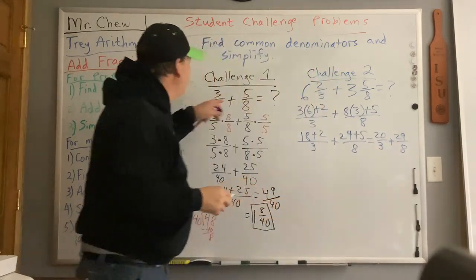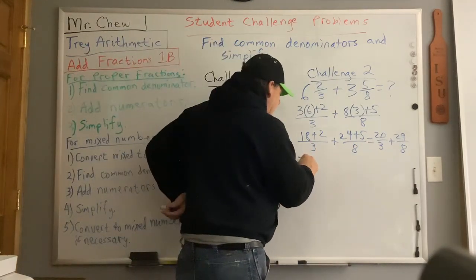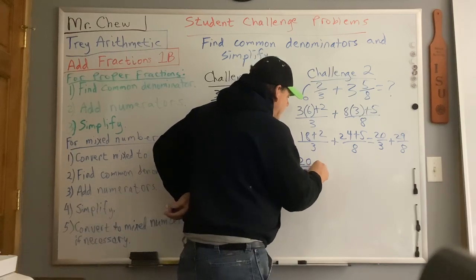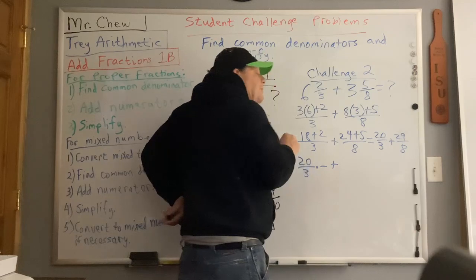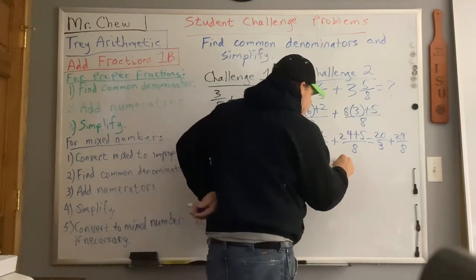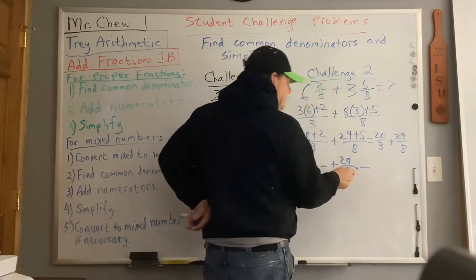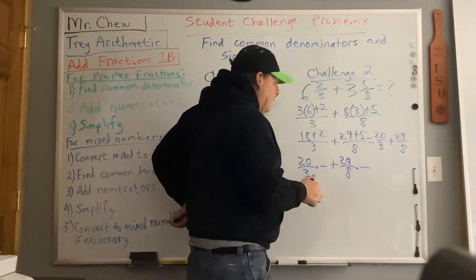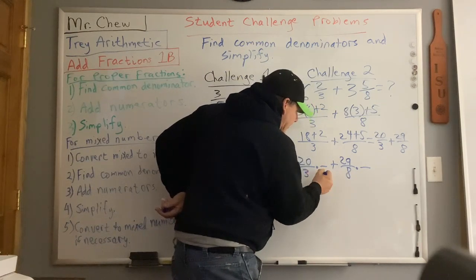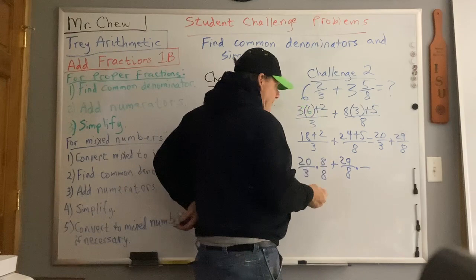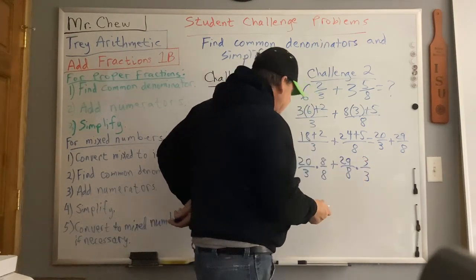Now that is no different than this. They're just both improper. So I take my 20 over 3 and I'm going to multiply it by a fraction so that it equals still 20 over 3. And then I'm going to take my 29 over 8 and multiply by a fraction so that it still equals 29 over 8. Well, I just use this denominator as my multiple here, and I put 8 over 8. And then I use this denominator over here on the right, 3 over 3.